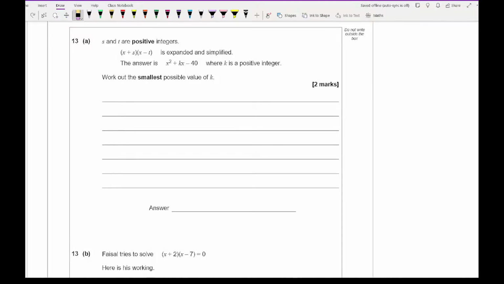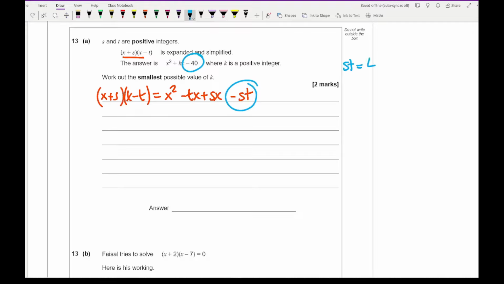Now for this, if we just simply expand the brackets out, then what I'm going to get is x plus s times x minus t equals x squared minus tx plus sx, and then it's going to be minus st. Now comparing the two, I know that st equals 40.